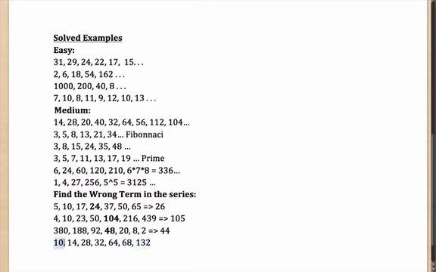So 10 is the first one, and then you are increasing by 4 and then doubling to 28. You again increase by 4 and you double to 64. You again increase by 4 and you should have doubled it to 136, but you didn't do that. That makes 132 the incorrect term, and the correct term in place of 132 should have been 136.